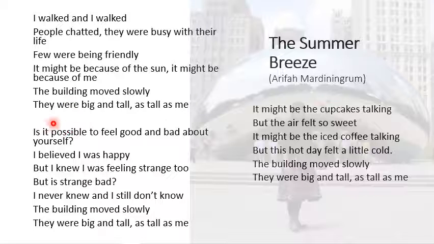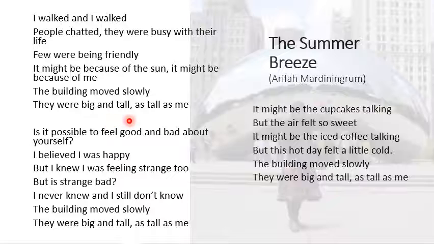"They were big and tall as me." So I compare myself, I use a simile here. I compare myself to the big and tall buildings in Chicago. Chicago is famous for its big buildings, skyscrapers. If you see skyscrapers, they are tall, big, massive, and that's how I felt at that time.